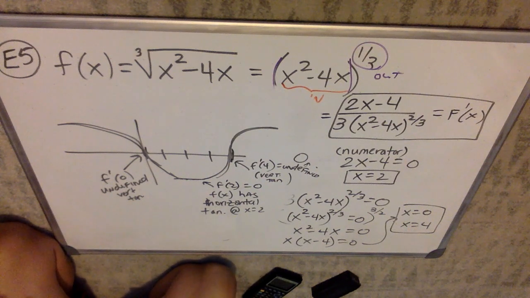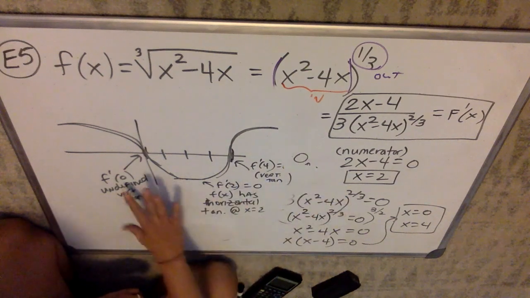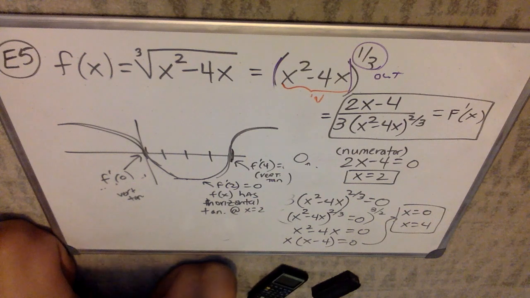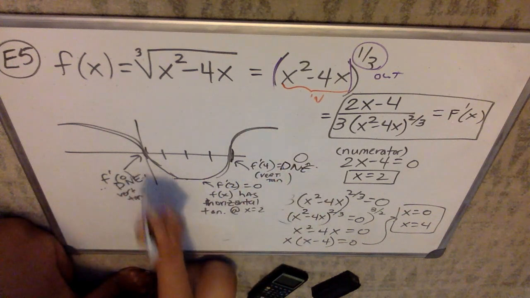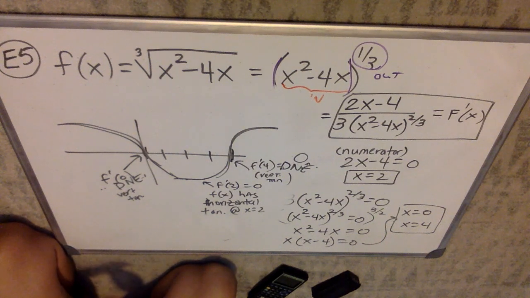And that's going to happen a lot. f prime does not exist because f is not differentiable at those points.